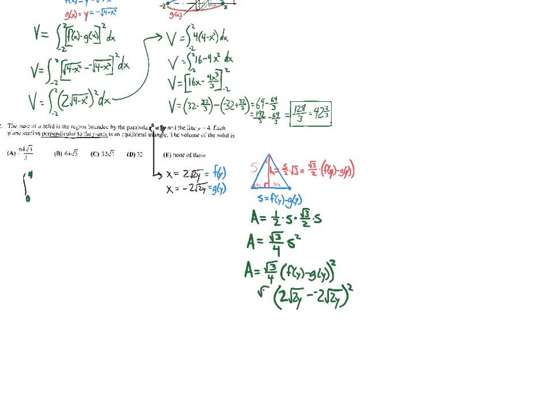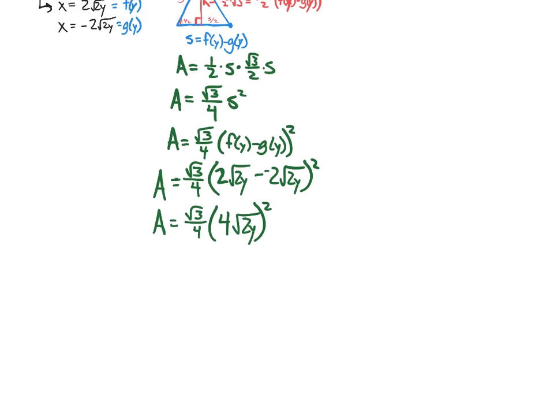So here we have root 3 over 4 times 4 root 2y, and now we're going to square that. By the way, notice I'm just simplifying my area before I even stick it into the integral. It's less writing for one, but it may help you just keep things neater and organized.